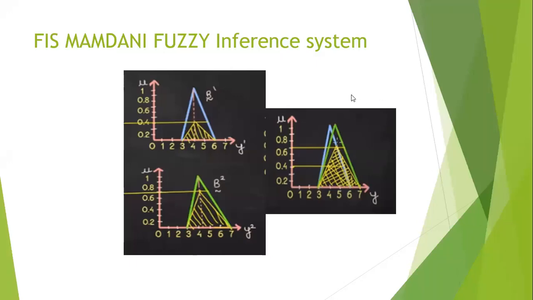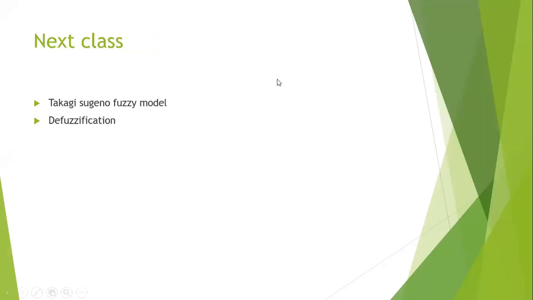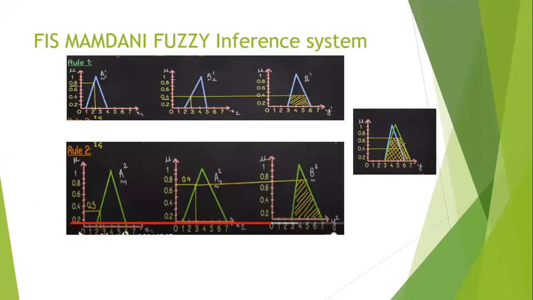So in the first case, the max minimum method, we are directly considering the truncated value, that is the cut down value, and the trapezoidal area is your resultant. First rule AND, so you are using the minimum of the two membership functions. Second rule OR, so you are using the maximum of the two membership functions, that is 0.7. So this is your shaded region.